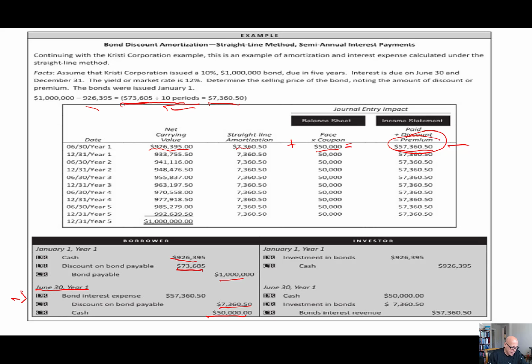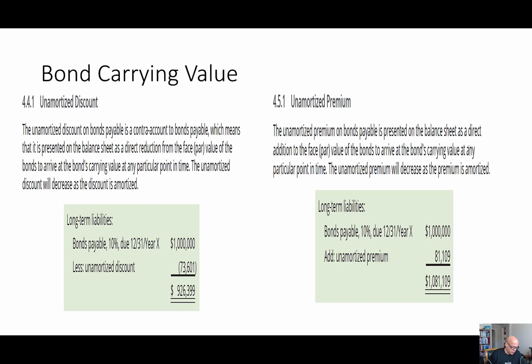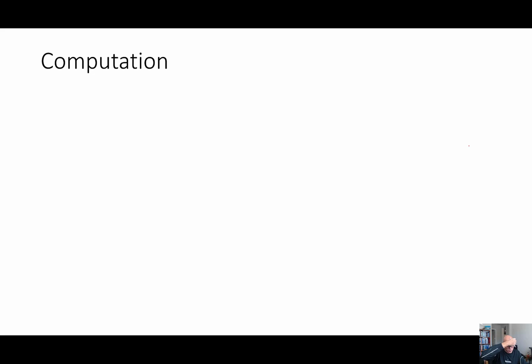Okay. Now, let's just go ahead and take a look at a couple of computations, and I'm going to come back to those other ones in a second. But what happened? We issued the bond, that journal entry, we debited the cash for $926,395. This is bond payable.